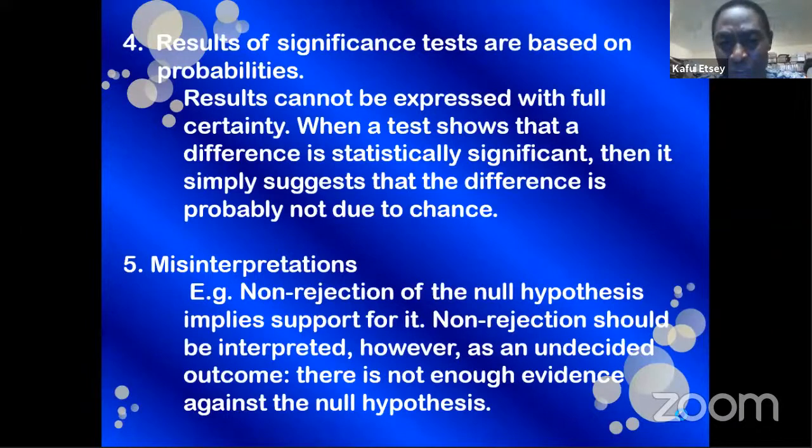So if you fail to reject the null hypothesis, you are implying that the mean age is 24 years. But what we should remember is that the result is undecided. We do not have enough evidence against the null hypothesis. So a lot of people misinterpret significant testing results.